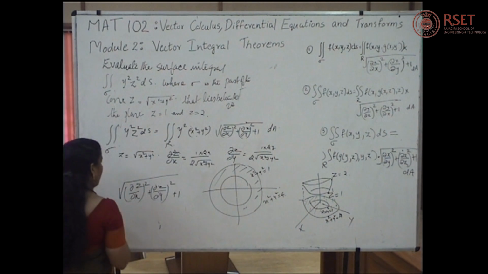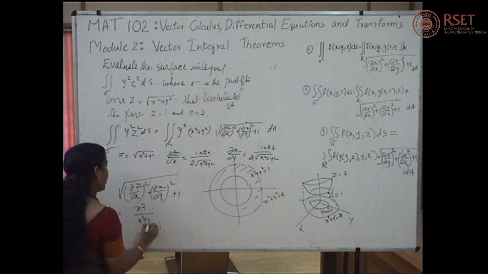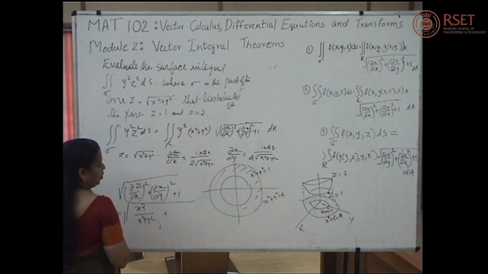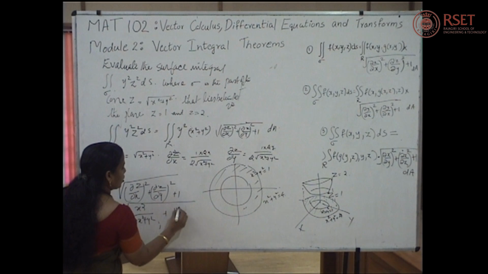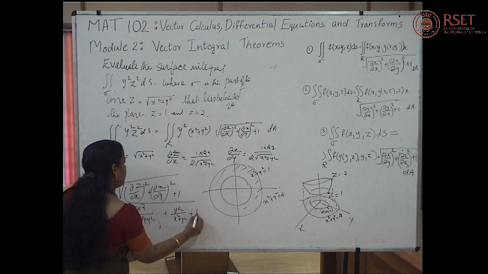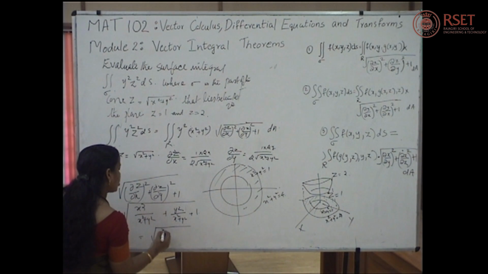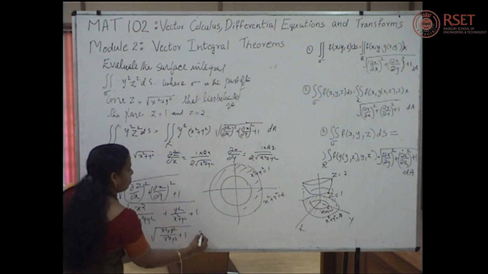Therefore, (∂z/∂x)² is x²/(x² + y²) and (∂z/∂y)² is y²/(x² + y²), plus 1, equal to the square root of (x² + y²)/(x² + y²) + 1.